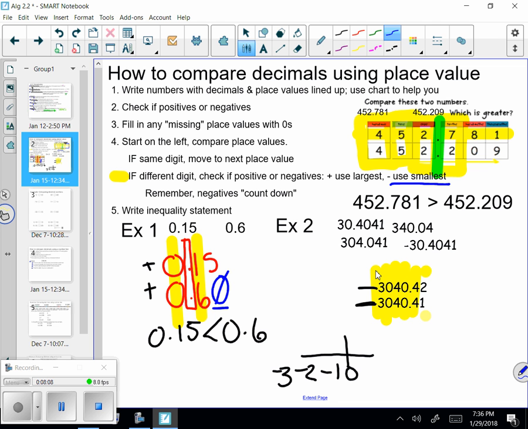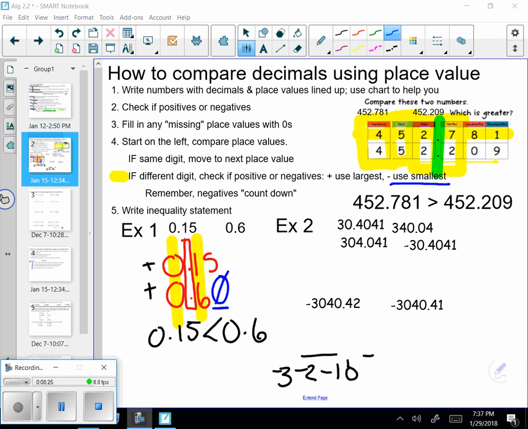So that -1 is actually bigger than a -2. So this number, -3,040 and 41 hundredths, is bigger than -3,040 and 42 hundredths. So when we're recording, -1 is bigger than -2. We have to eat the bigger number. We want to count down.